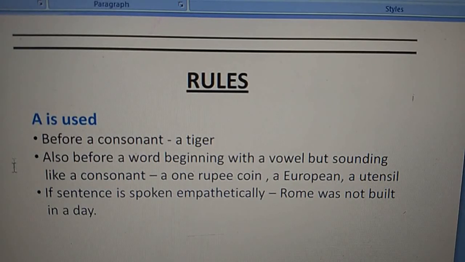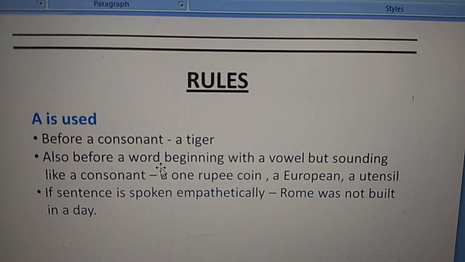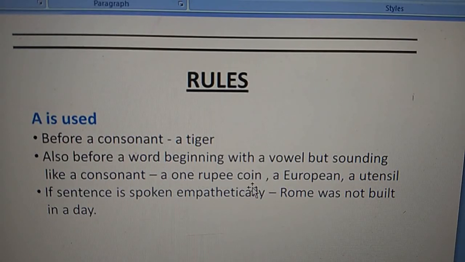So you can see the examples, a tiger. Now the second rule is a is also used before a word beginning with a vowel but sounding like a consonant. Now this is very important. Concentrate on this. A 1 rupee coin.